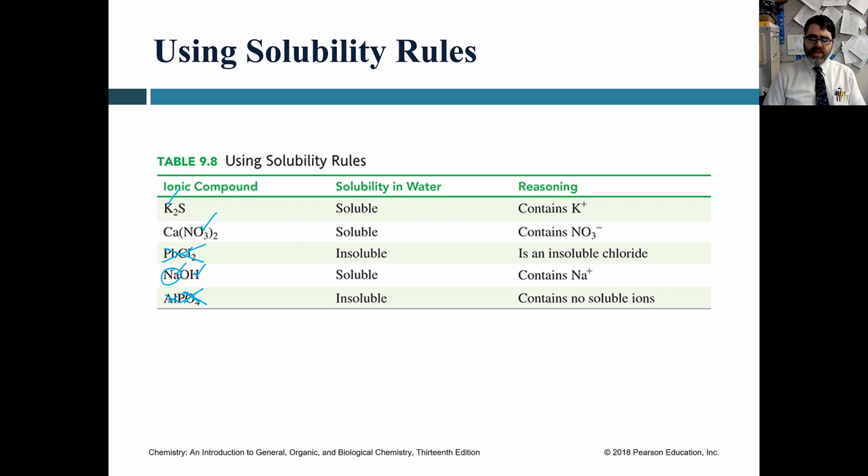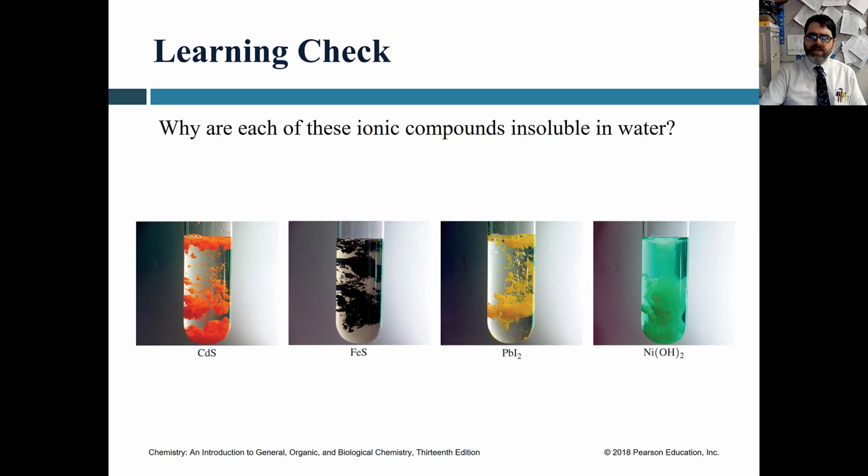And that's just a table there of using some of the insolubility rules, and here we're going to have these as well. So here, this sulfide, usually insoluble, and when combined with the heavy metal, definitely insoluble. Iron sulfide, it's going to be the same way. We have a heavy metal bonded to a sulfide, so that's insoluble. As a side note, another example, this asks why are they insoluble?